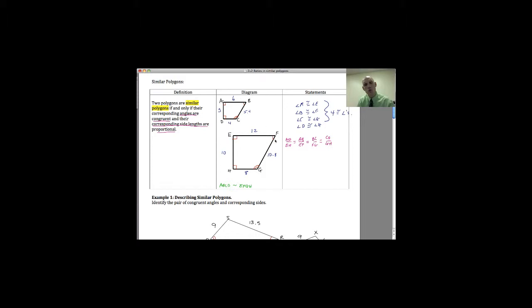Notice I kind of went around the polygon in a good fashion here.